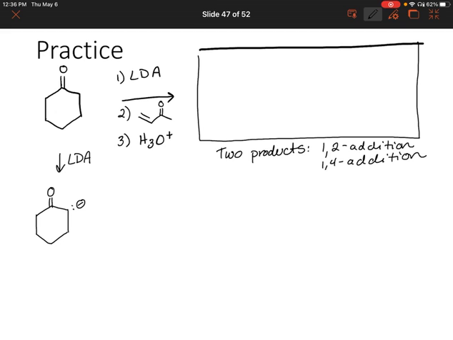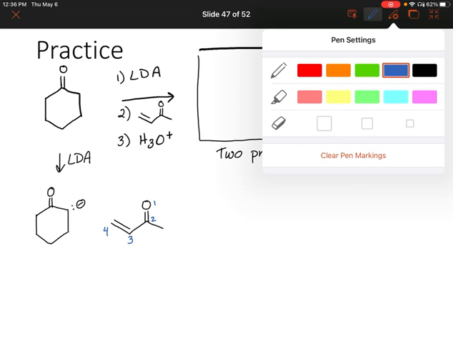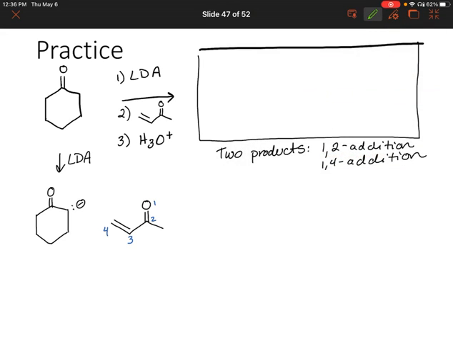And in the next step, we're going to react that with our alpha beta unsaturated ketone. And let's just number our atoms that are in the conjugated system. So I mentioned that we could have either a 1,2 addition product or a 1,4 addition product. So let's use different colors of arrows to show both of our possible reactions.